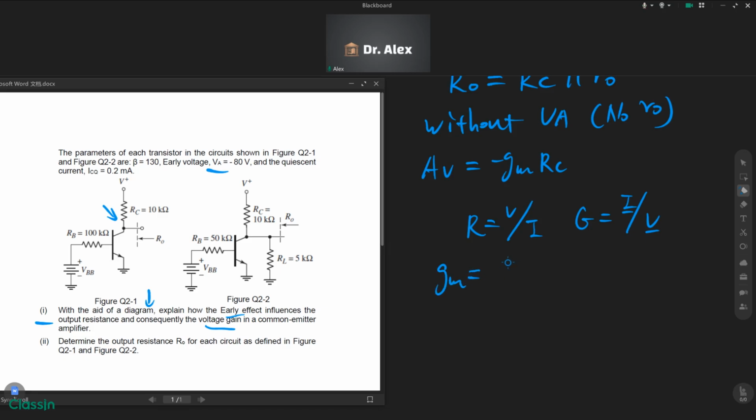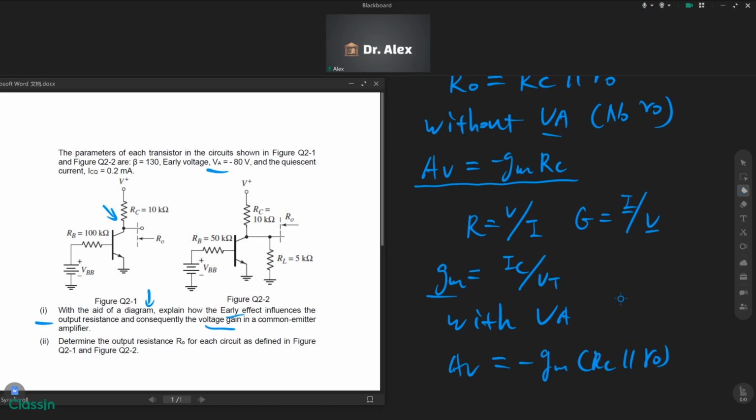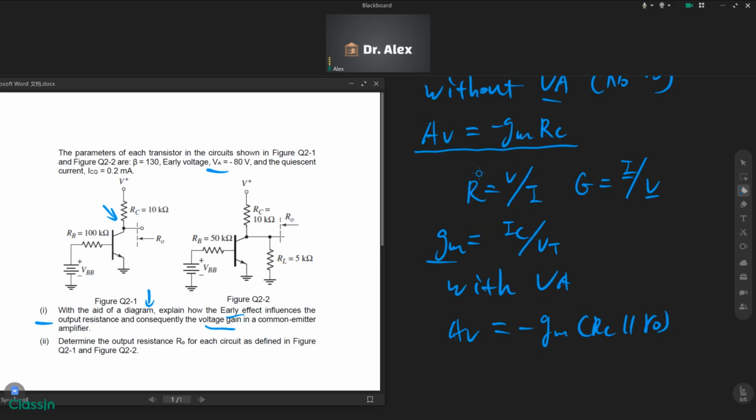GM here means IC divided by VT. That is the voltage gain without VA. With VA, AV is minus GM times RC in parallel with RO.